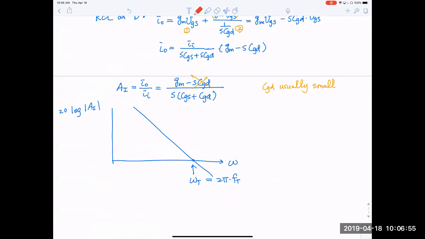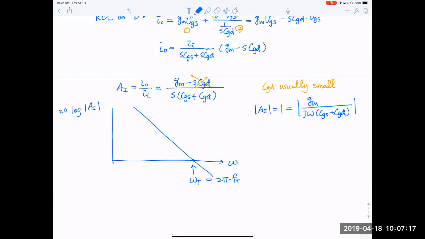So what is a unity frequency? Well, we just set Ai equal to 1. And this means the absolute value of gm over j omega (Cgs plus Cgd) is equal to 1.